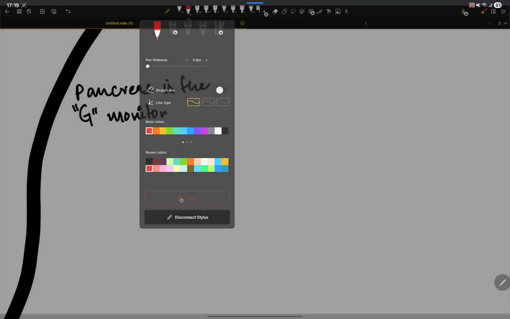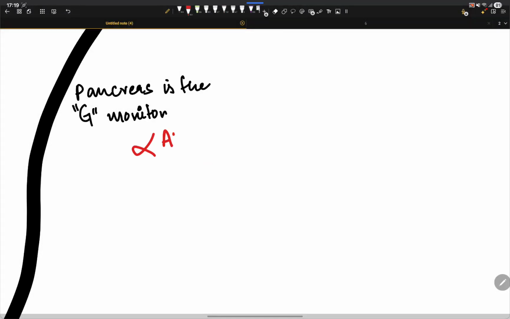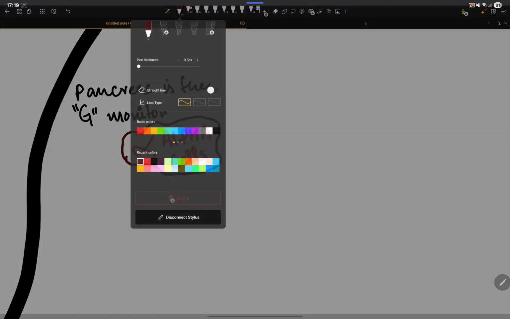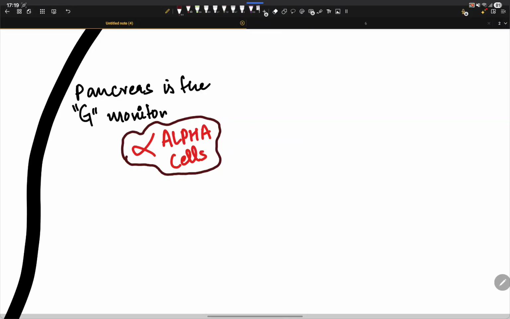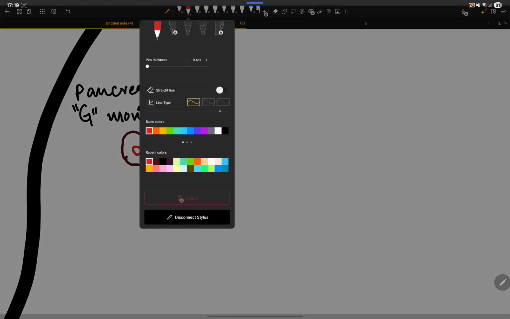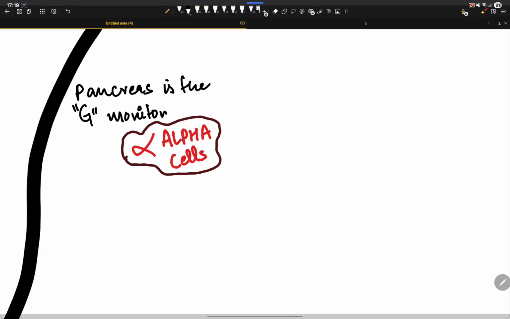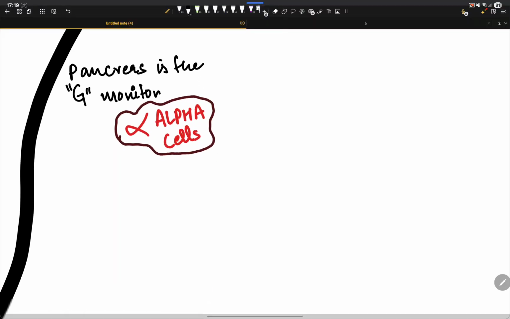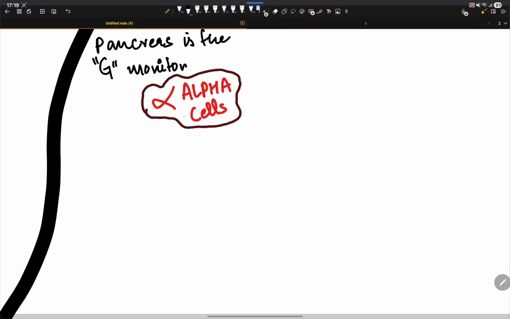Alpha cells are responsible for monitoring this whole situation, okay? Now you'll ask me, why not other cells? Well, alpha cells, why? Because alpha cells have an enzyme, which is called glucagon.